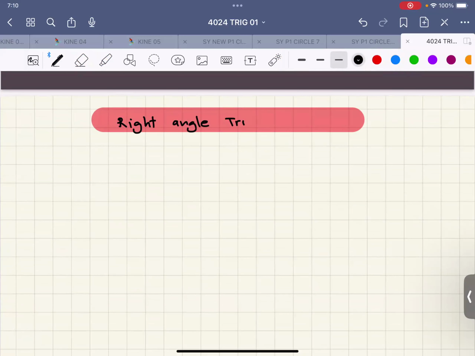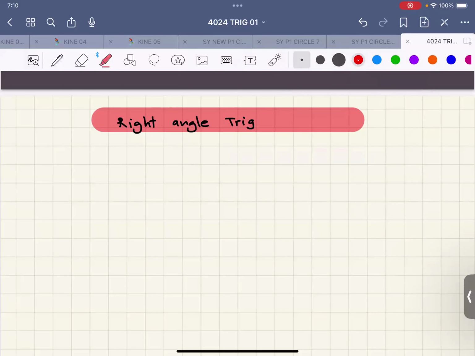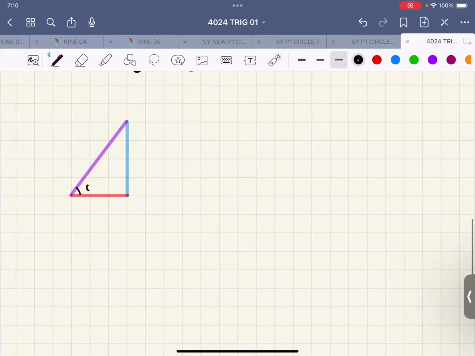When we talk about right angle trigonometry, the very first thing that needs to be done is to draw a right angle. So first of all, that is a base that I've drawn. This is the height and this is the hypotenuse. Let me mark this angle as theta, and let me mark this as 90 degrees.